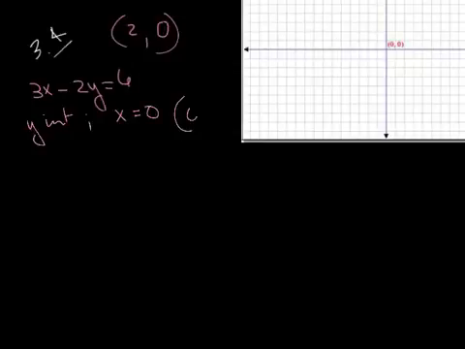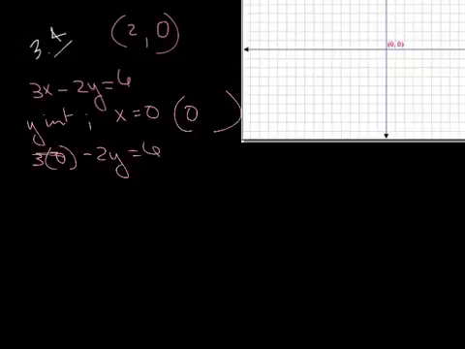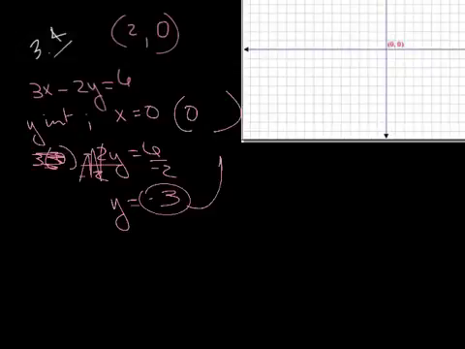So we're going to try to find out what our y value is by putting 0 in for x. I'll put a 0 in there. 3 times 0 is 0. Then we're going to divide by negative 2, divide by negative 2. Those cancel, so y equals negative 3. So we're going to take that negative 3 and put it in there.